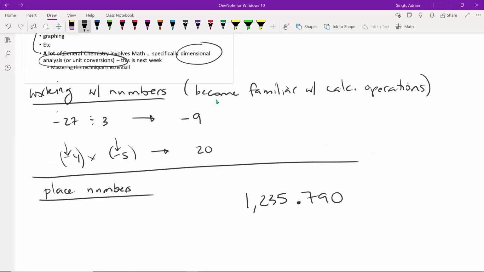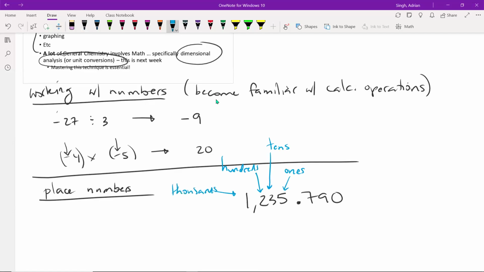Okay, so when we have numbers like these, you want to make sure that we're able to identify the different places. So right in front of the decimal point, to the left side of the decimal point, this place here is the ones place. So the 5 is in the ones. The 3 is in the tens place. The 2 is in the hundreds place. And the 1 is in the thousands place.